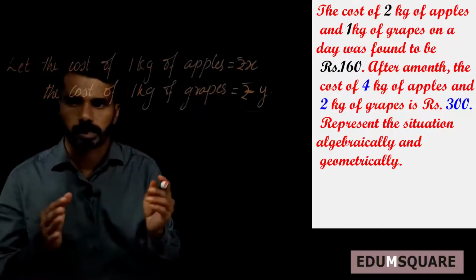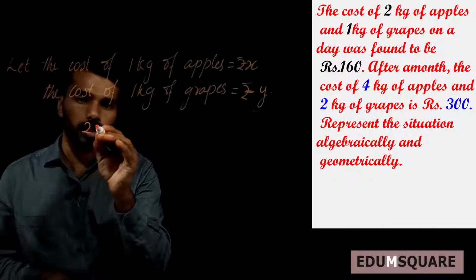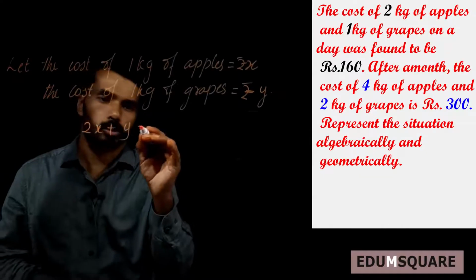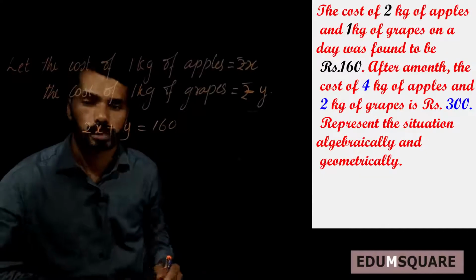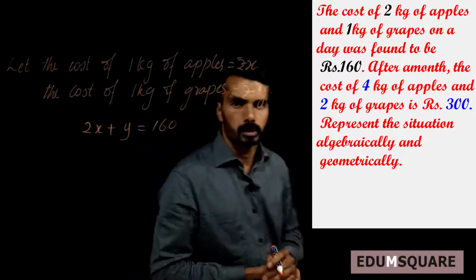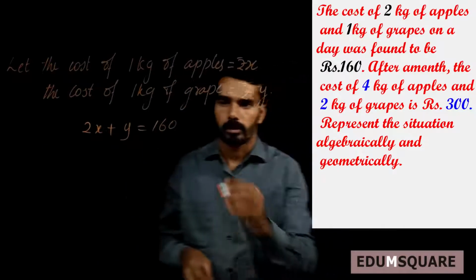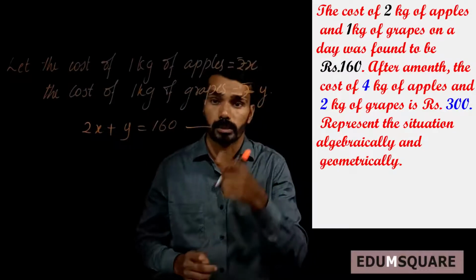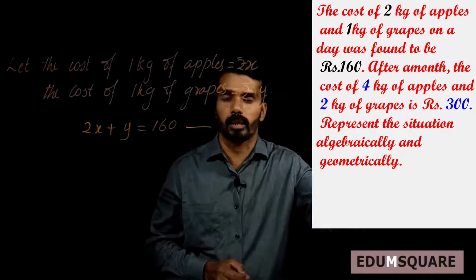So let us represent it as 2x plus y is equal to 160 rupees. This is equation number 1. That is, this linear equation in 2 variables represents the first situation given in the question.